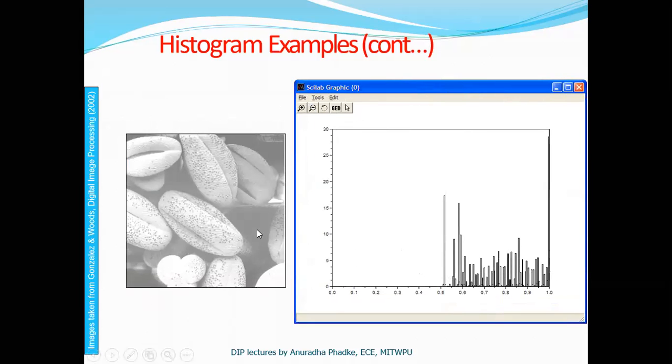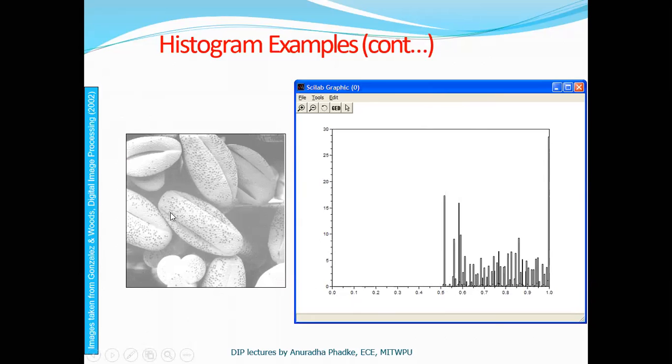Now, if you look at this image, this is an image captured in very bright light. If you look at the histogram, your total available range is 0 to 1, but your image is concentrated only on the brighter side of the total range. It takes values ranging from say 0.5 to 1.